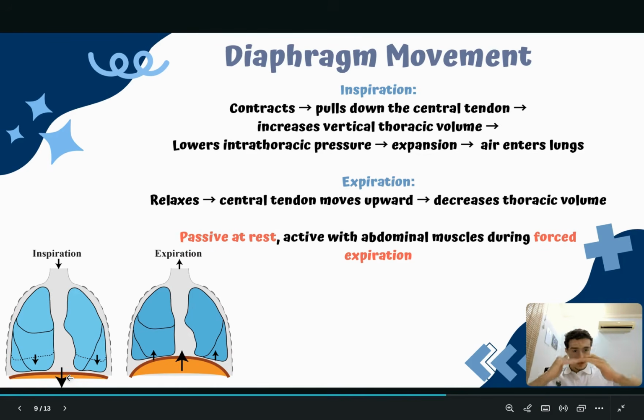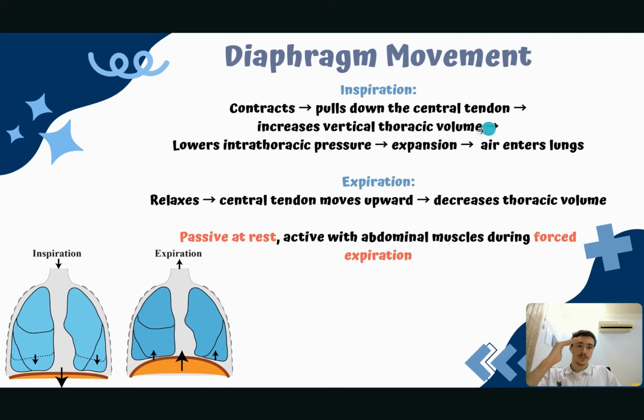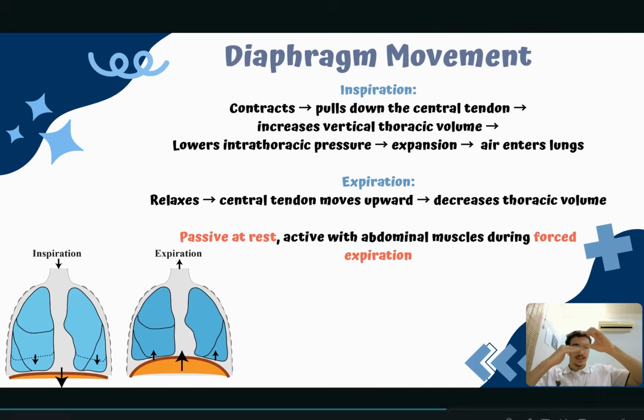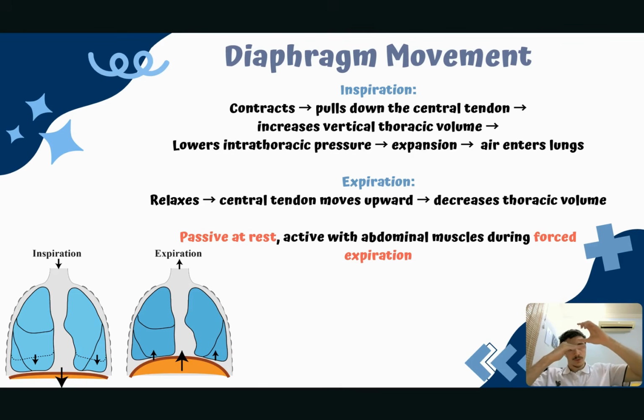When it goes down, it pulls down the central tendon, which is in the middle. This gives more volume to the thoracic cavity, so the volume is going to increase because you are giving more space. That means you lower the pressure because they are inversely proportional: if you increase the volume, you decrease the pressure.